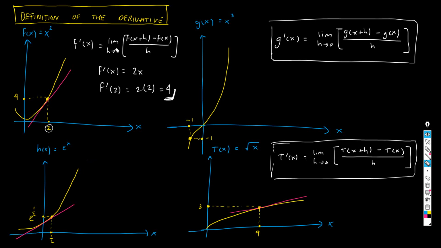Okay, now let's go on to define the derivative. Here is the definition, a very important definition. Write it down somewhere in your notebook or any other place that you have.